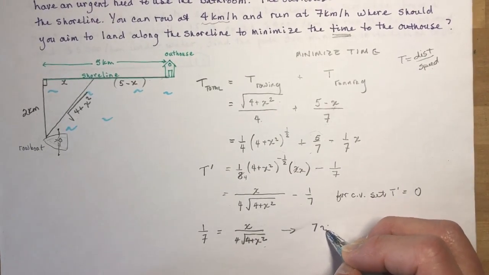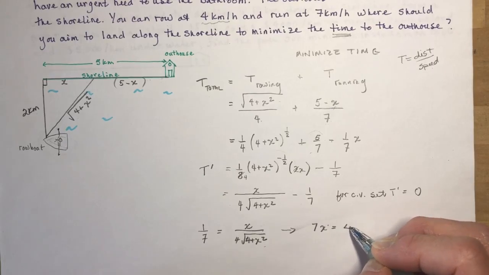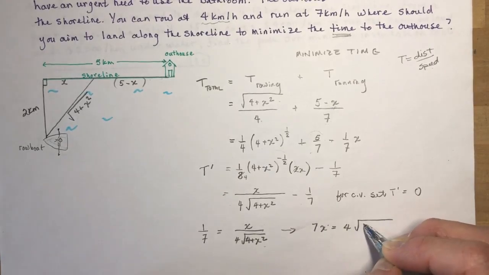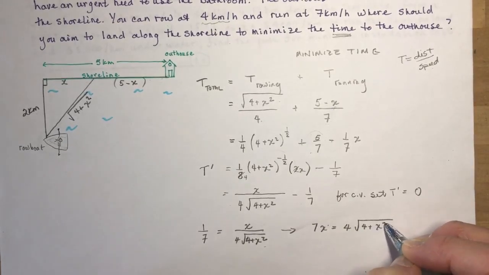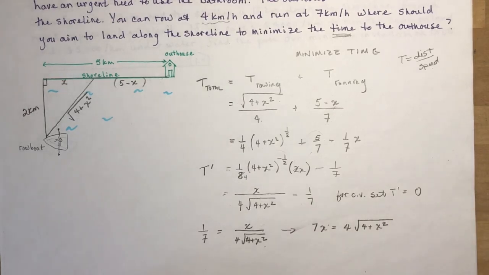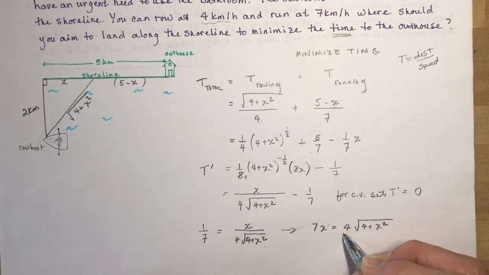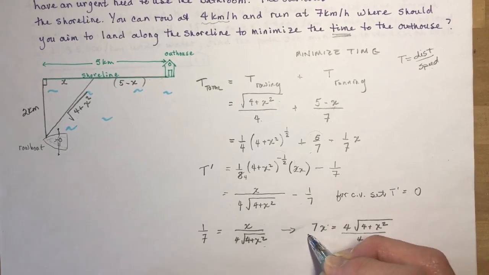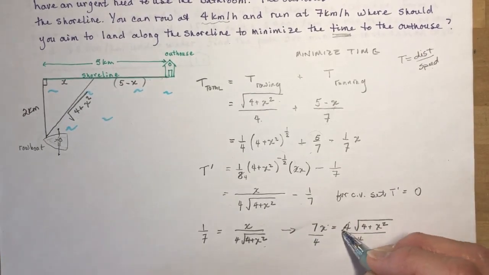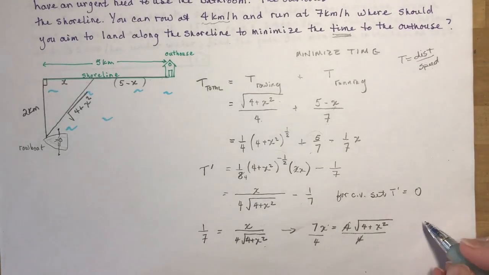So I have 7x is equal to 4 square root 4 plus x squared. And then, of course, now I want to simplify this. So if I divide by 4 and then square, I'm going to square both sides.